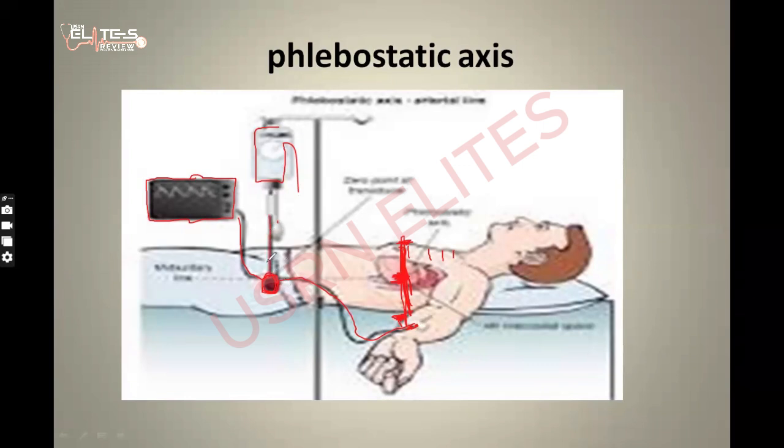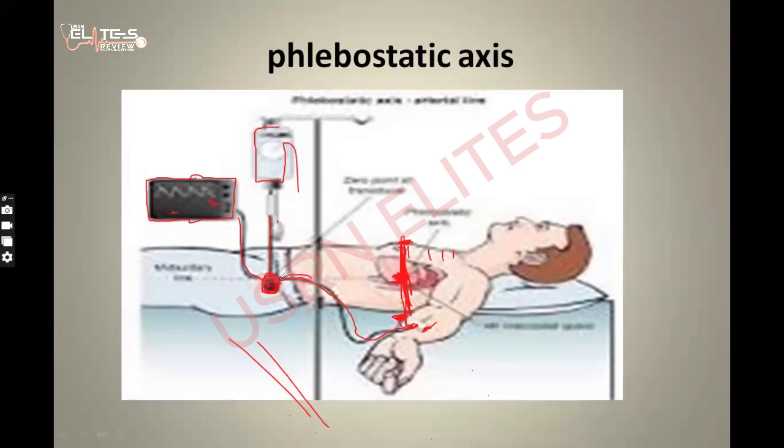What the transducer does is detect the pressure here and convert it to an electronic display on the screen for you to know what is really happening within the veins or arteries of the patient. So it picks up the pressure in here, then converts it into a display over here.